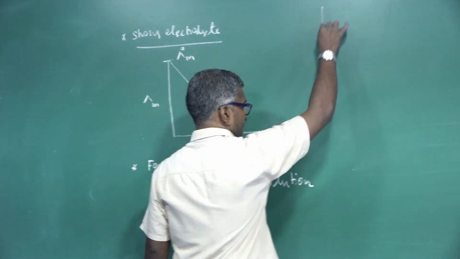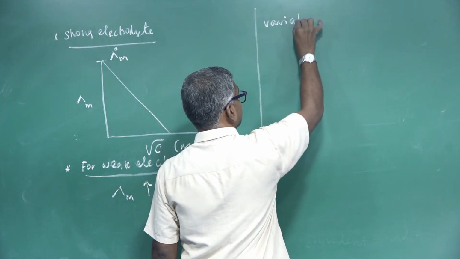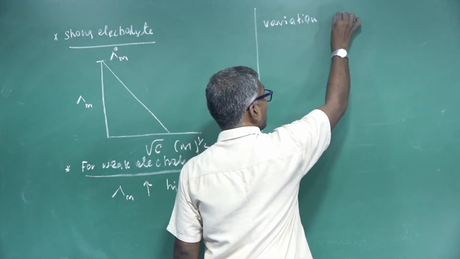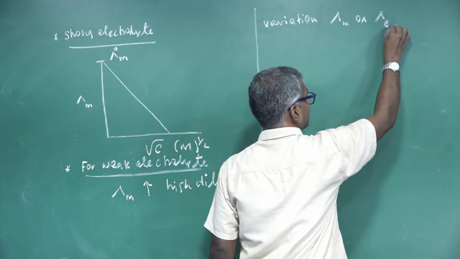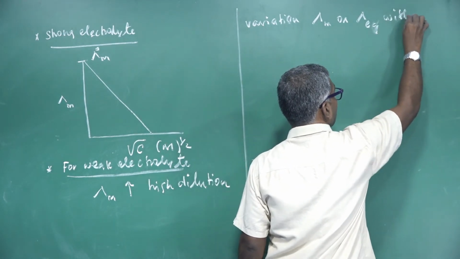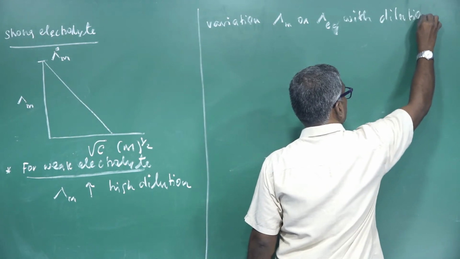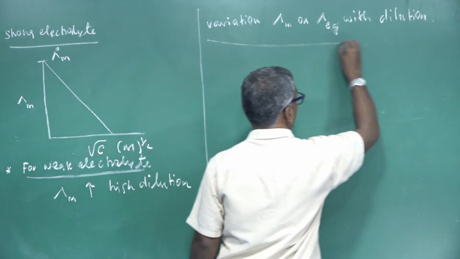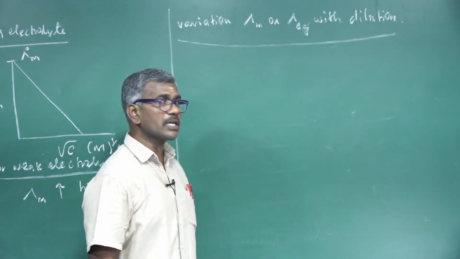Another one: variation of molar conductance or equivalent conductance with dilution. This is applicable for both strong and weak electrolytes.